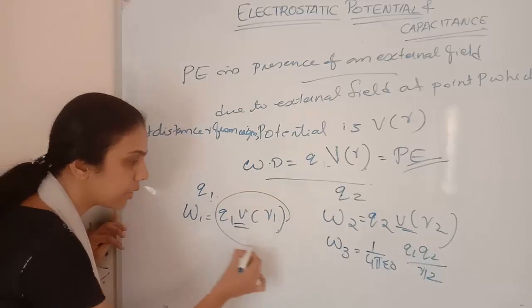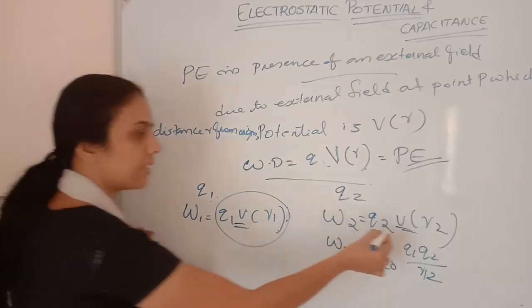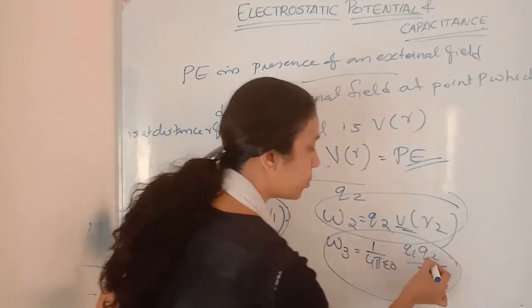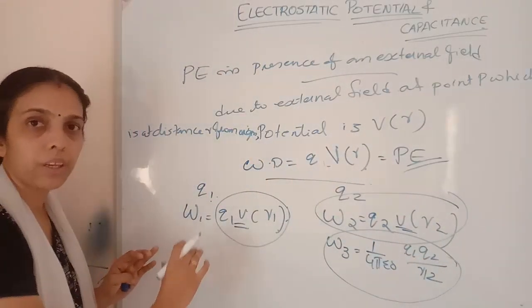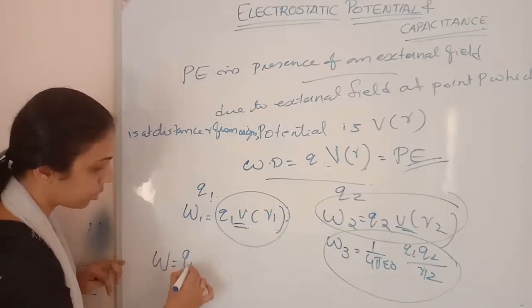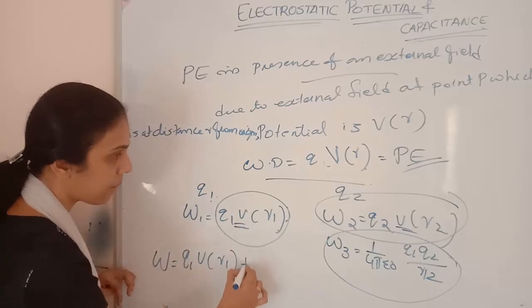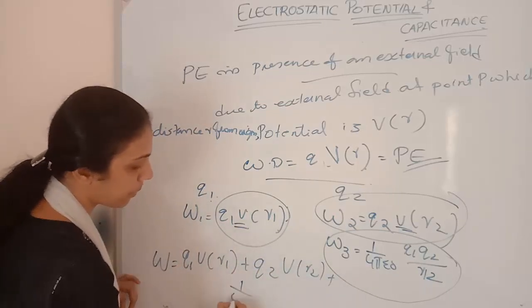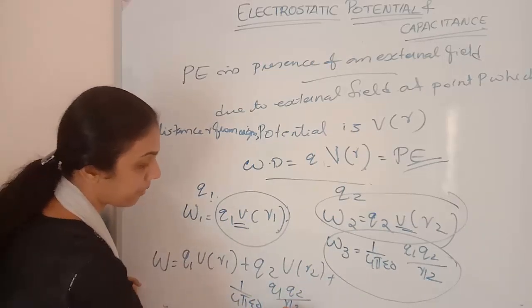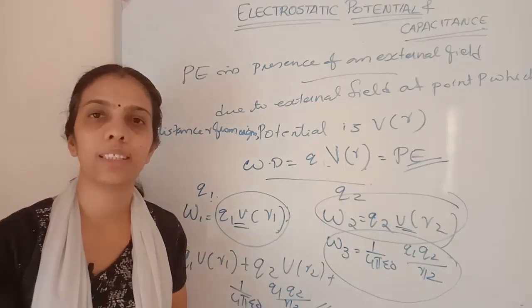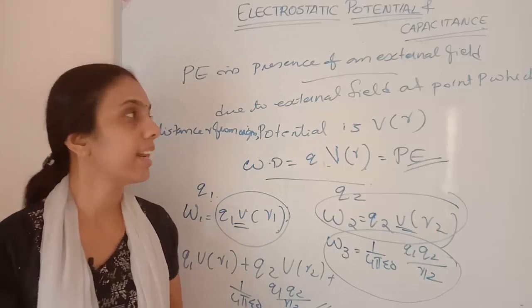The first terms are the work done due to the external field, and this is the work done due to these two charges present now at the point r. So total work done will be q1 into V of r1 plus q2 into V of r2 plus 1 by 4 pi epsilon 0 q1 q2 divided by r12. Clear? This is how we find the potential energy in presence of an external electric field.